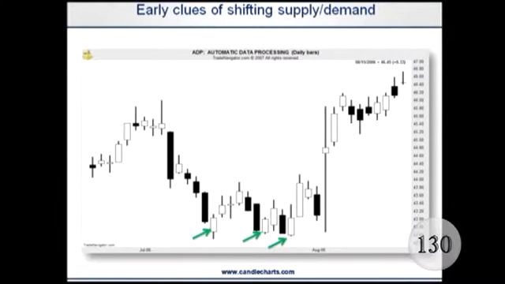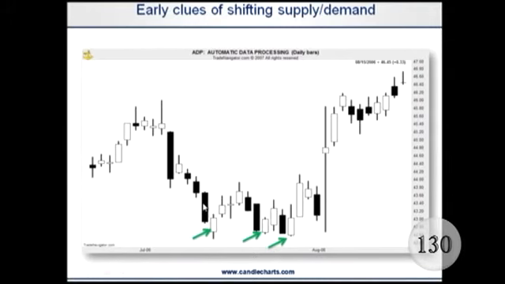On the second green arrow, not quite a piercing pattern, right, because it didn't get into the middle of the black candle. The third green arrow was a piercing pattern, so it was interesting how the white candle kept creeping higher and higher into the black candle. Nonetheless, even if this third candle line was not a piercing pattern, I would certainly take notice of this situation because time after time, who's in charge here?